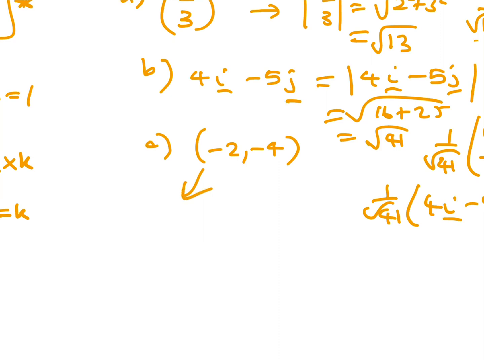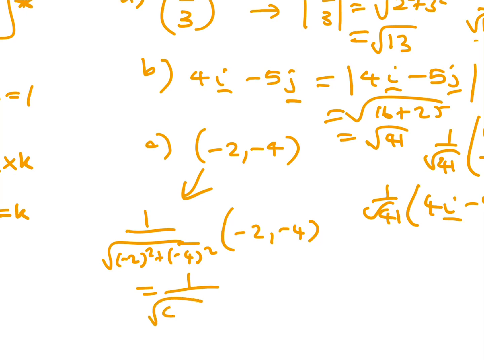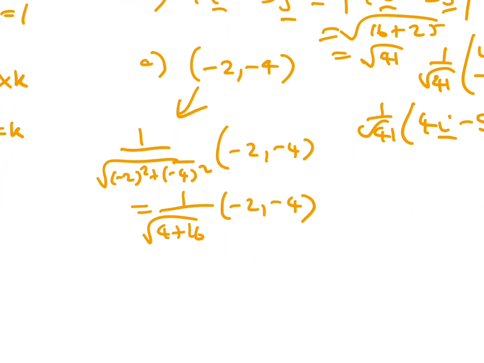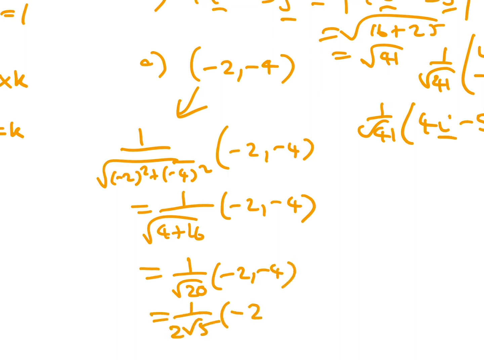And for this one here, the magnitude would be the square root of minus 2 squared plus minus 4 squared, times (minus 2, minus 4). So it's 1 over root of 4 plus 16, which is root 20. Root 20 is equal to 2 root 5, so it's 1 over 2 root 5 times (minus 2, minus 4).